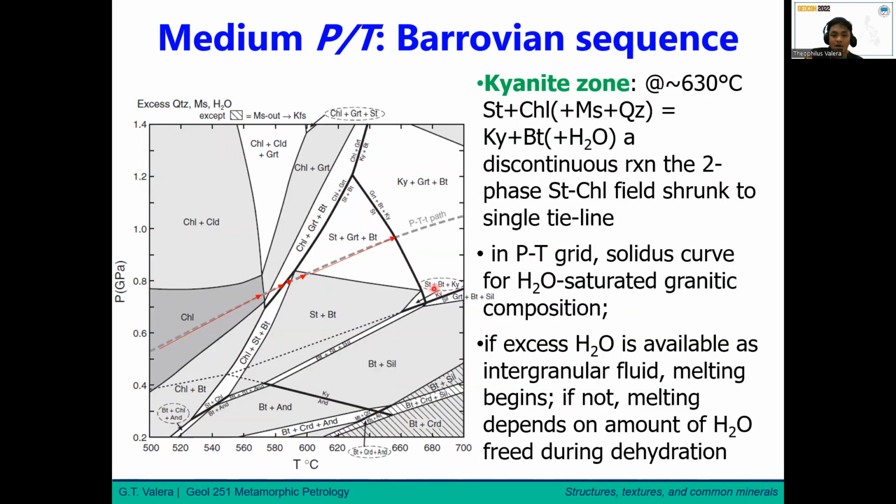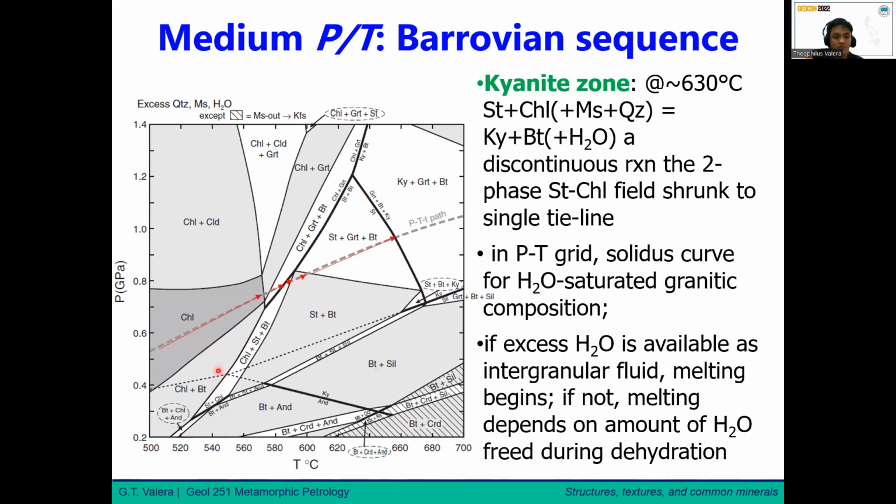Yan. So, take note that if the PT path had been at a higher pressure, the chlorite would be consumed first for the X bulk in question, resulting in staurolite garnet biotite rather than staurolite chlorite biotite.